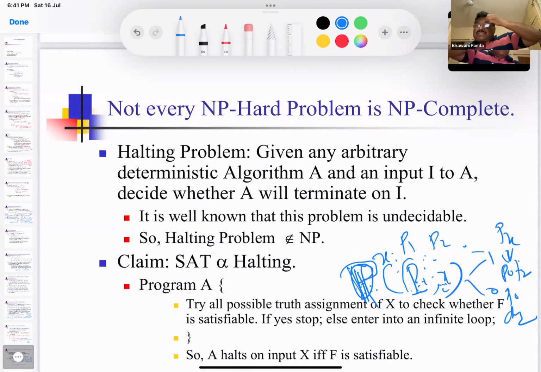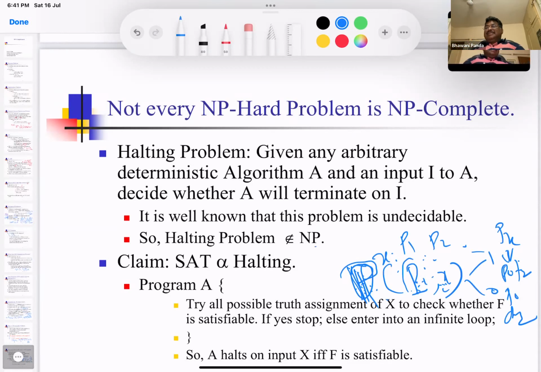It is shown that the halting problem doesn't belong to NP. The answer is either yes or no, so it is a decision problem, but it is the one problem shown not to belong to NP.